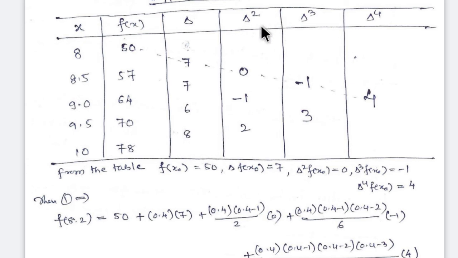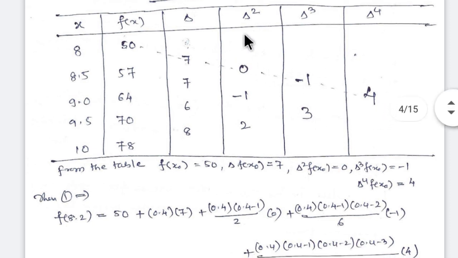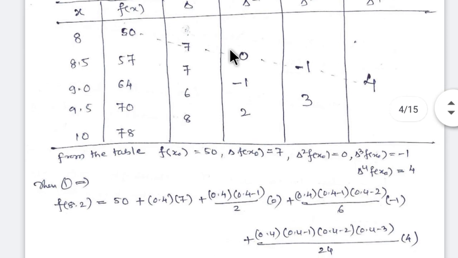Similarly, second order difference, delta square: 7 minus 7 is 0, 6 minus 7 is minus 1, 8 minus 6 is 2. The delta cube: minus 1 minus 0 is minus 1, 2 minus of minus 1 is 2 plus 1, 3 you get. Similarly, delta fourth: 3 minus of minus 1 is 3 plus 1, 4 you get. So this is the difference table.